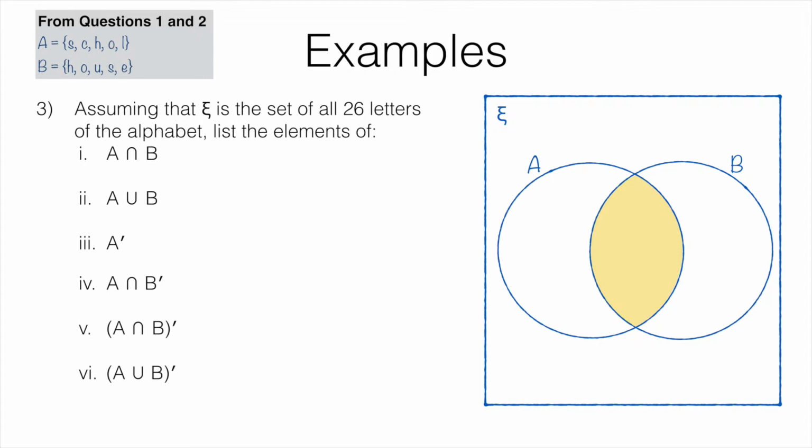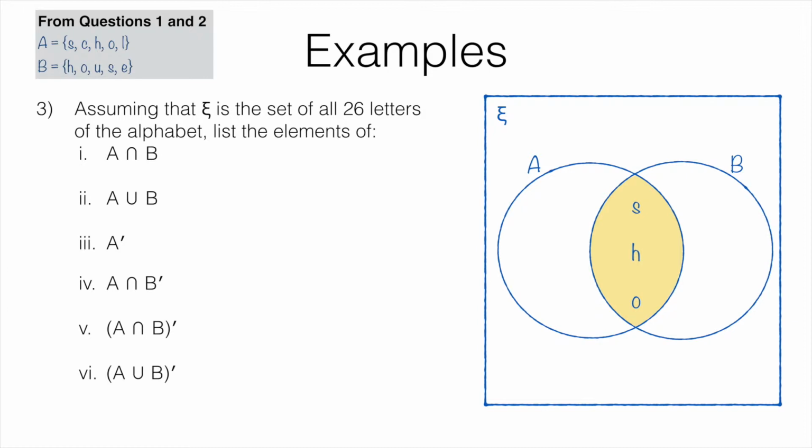There are 3 letters that fit that bill. We've got S in both lists, we've got H in both, and O in both. So to use proper mathematical language, those 3 letters are elements of both sets, and therefore they belong in here.